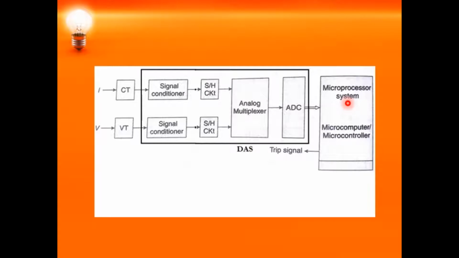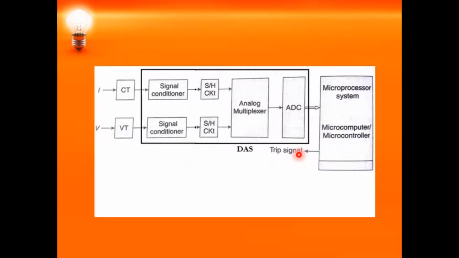If the measured parameter at the ADC is more than the preset value, then the microcontroller or the microprocessor will issue a trip signal so that the relay will operate.